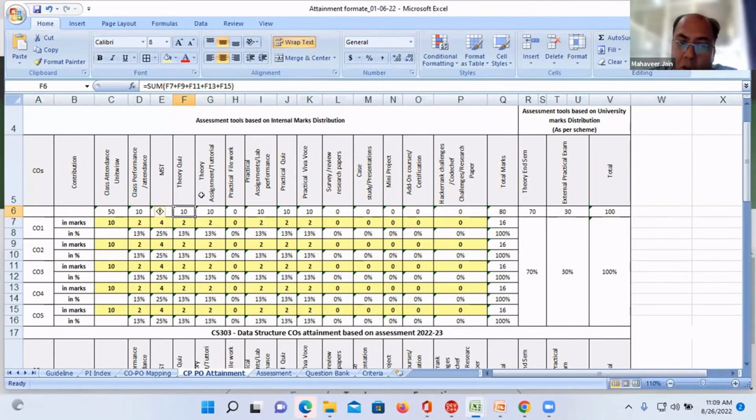Similarly, I will give a theory assignment in my course, with a total of 10 numbers divided across the units, 2 for each unit. Normally we have 5 units in our courses, which is why it is divided into 5 parts. According to whatever your syllabus contains, you can divide those numbers in that way.